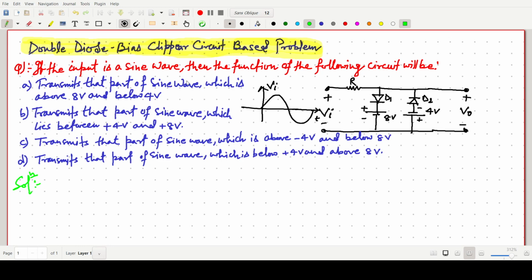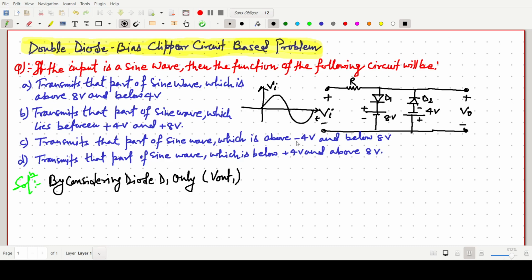So in such a question we start, in the first case, by considering diode D1 only. Then we say the output voltage is V output 1.